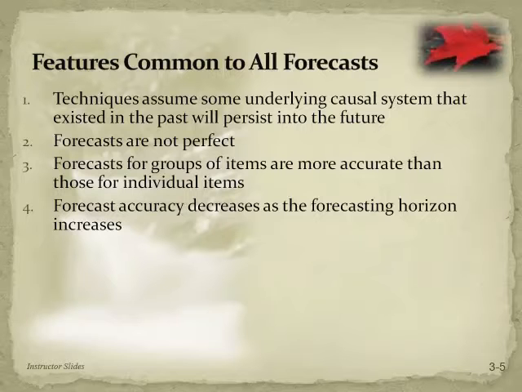And number 4, finally, forecasting accuracy decreases as the forecast goes out in time. So usually the most accurate forecast is the most recent future time period we are forecasting, and the least accurate is the furthest time period in the future that we are forecasting.